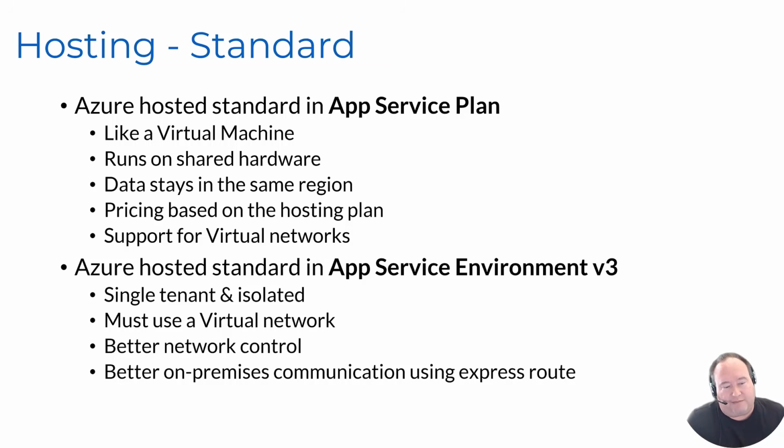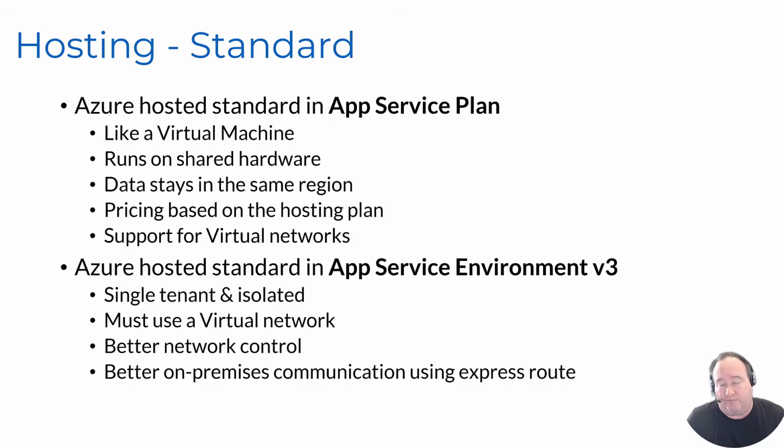There's also an option to have a more isolated environment called an app service environment. And there are several versions of these. To be supported with Logic App Standard, you have to be on v3 of the app service environment. These are going to be single tenant and isolated environments, which is good. But for these, you must use a virtual network. Your app service environment has to be set up as specified on a virtual network.